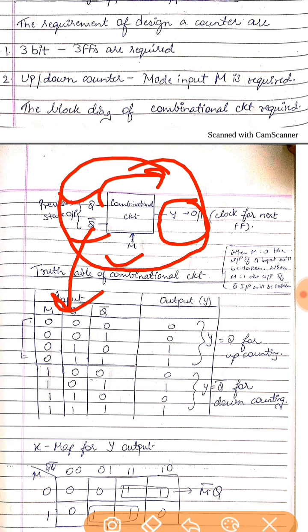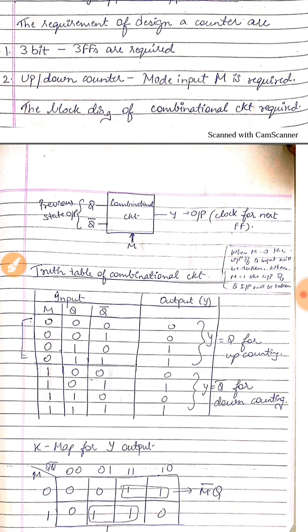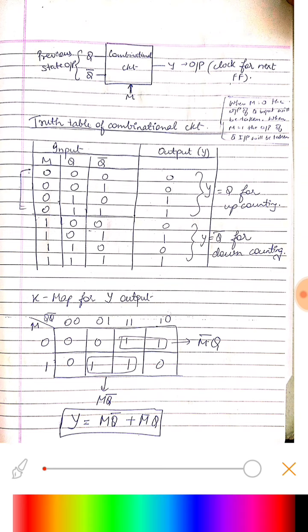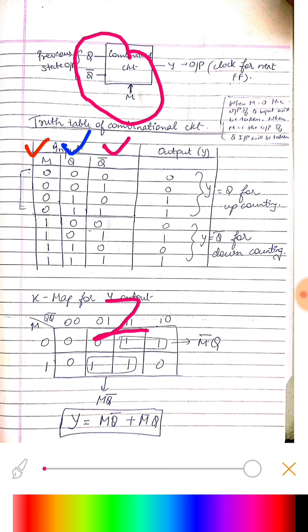So here we have tabulated a table. Since we have 3 inputs M, Q and Q bar in the circuit, they can have 2 raised to power 3, that is 8 combinations.